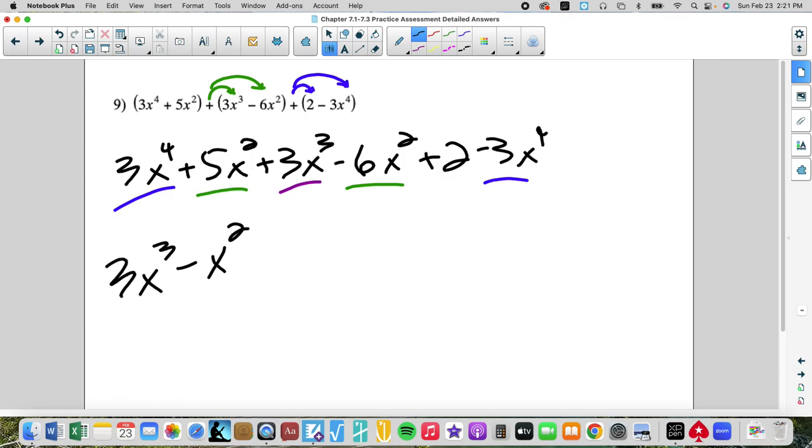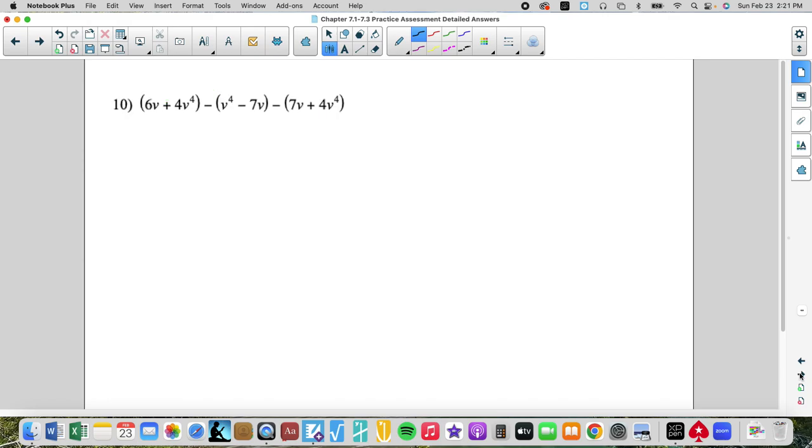And then I have my constant here, and that's plus 2. So I'm going to get that, and that would be my answer. All right, I think I did that right. X to the third, yep, that's negative x squared and plus 2. All right, that was a little tricky.